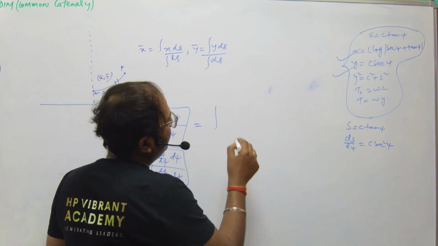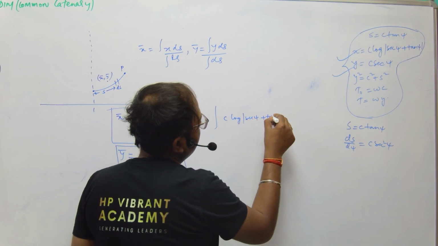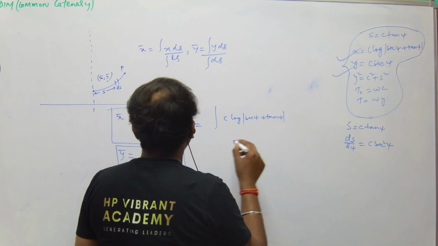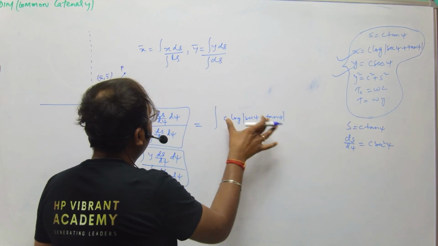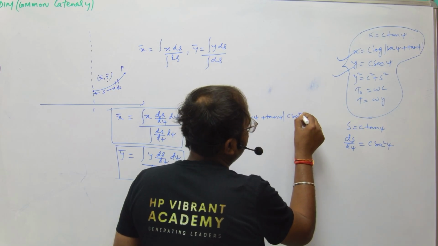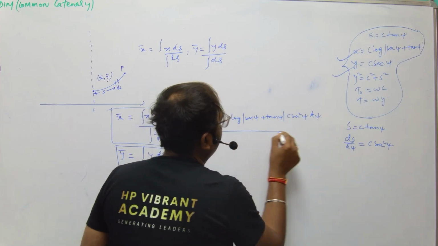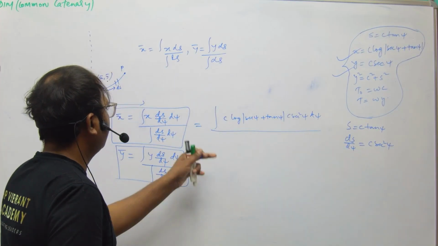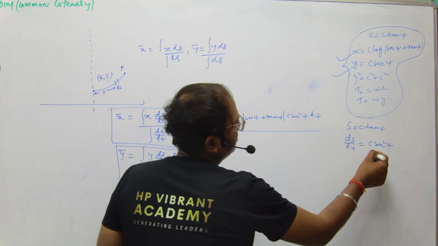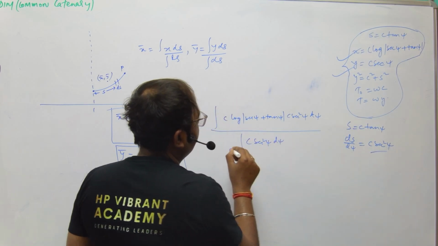We have x = c log(sec psi + tan psi), multiplied by ds/d psi, which is c sec square psi d psi, upon ds/d psi d psi, which is c sec square psi d psi, integrated.